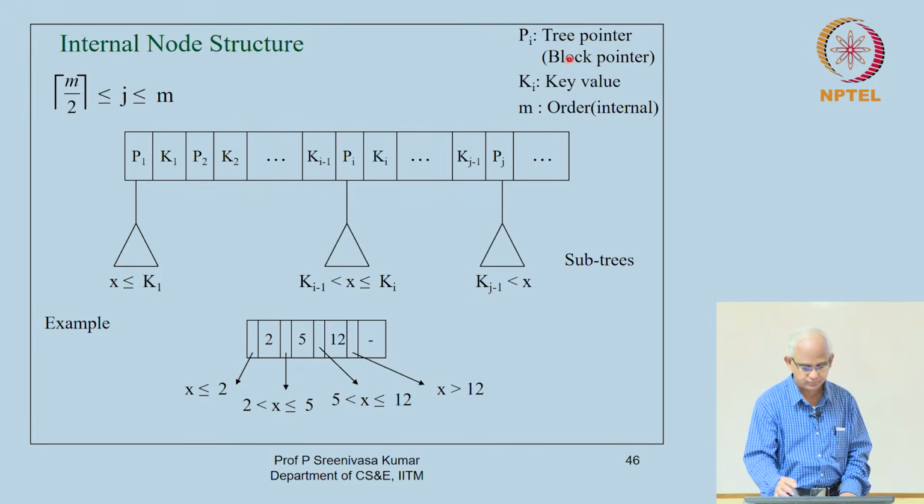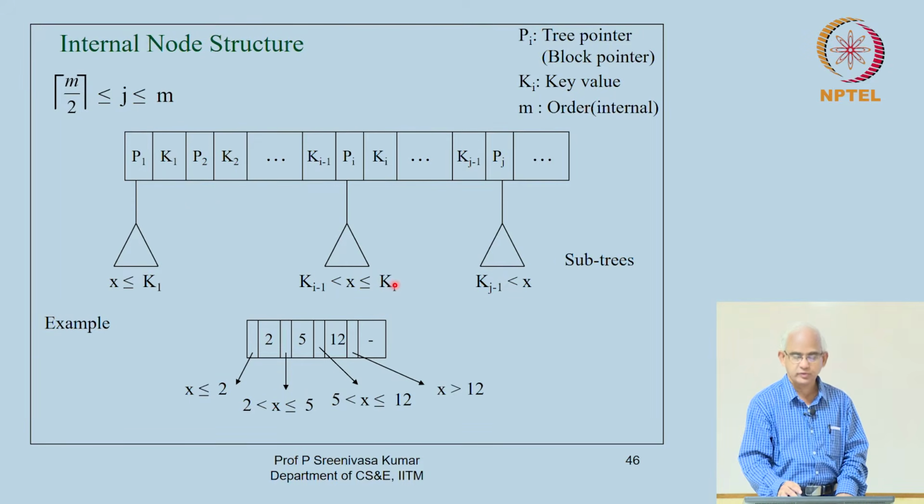This will point to a subtree in which you can find information about the records that have value of the search field x less than or equal to K1, which is the first key. Between K1 and K2 you will find the records in the next subtree. So, Pi points to a subtree where you can find information about all the records whose search field values are strictly greater than Ki minus 1, but less than or equal to Ki.